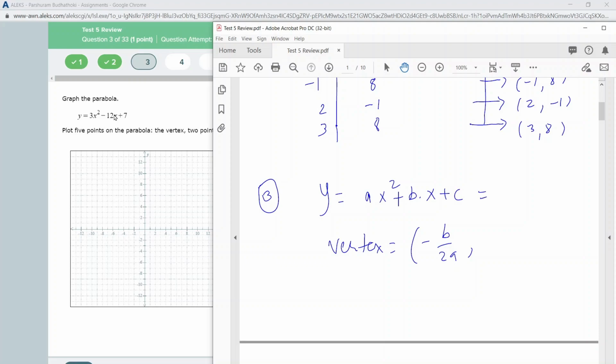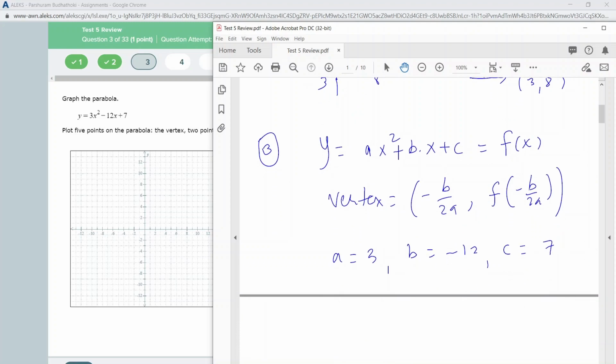So if I say this is the function, then find the value of the function at -b over 2a. If you compare this standard equation with this equation, you can see that a is 3, which is the number just in front of x squared. b is the number in front of x, which is -12, and c is 7.